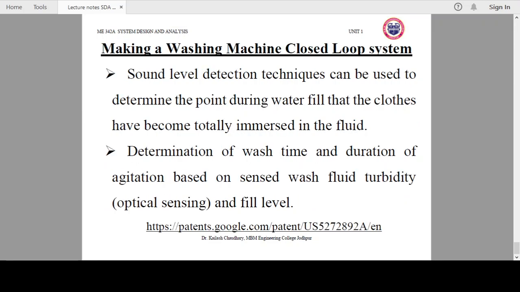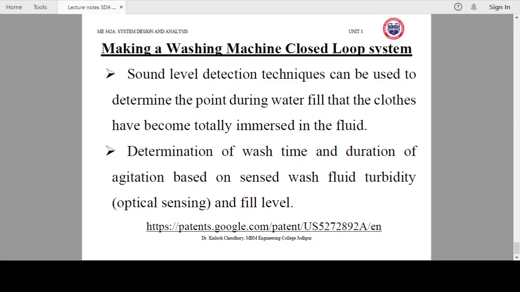Similarly, there is a very common example of a washing machine, which is typically an open loop system, where you put all your clothes in a water tub, and then you set some parameters for washing. You decide on the time period, the quantity of water, the time for which you want to run, and the amount of clothes you want to wash.